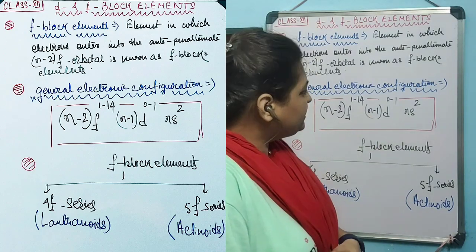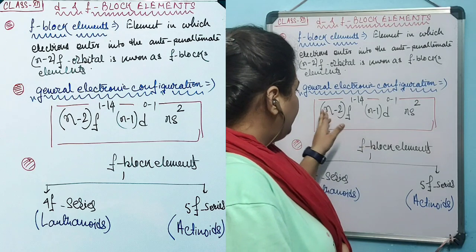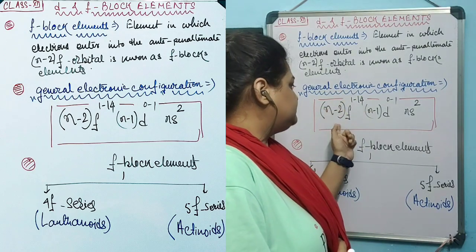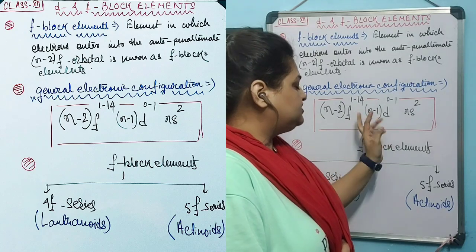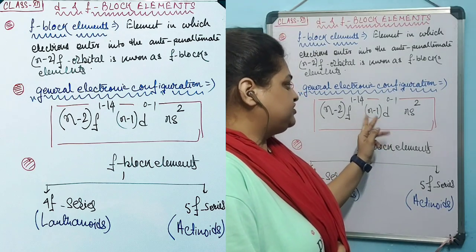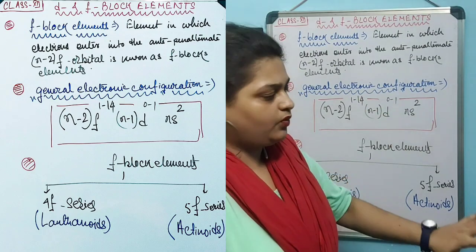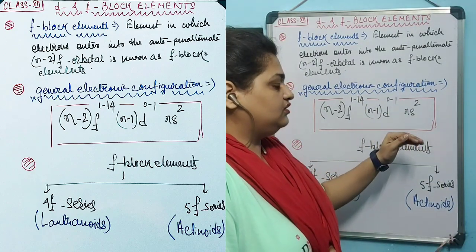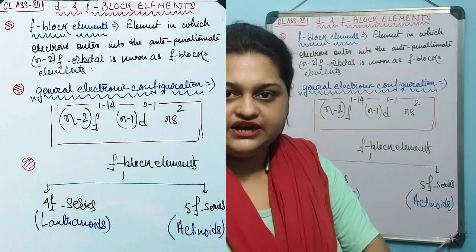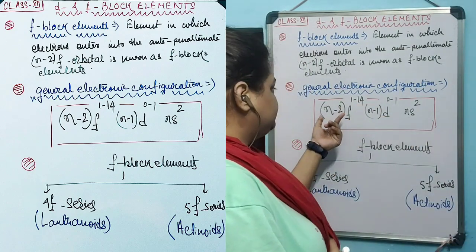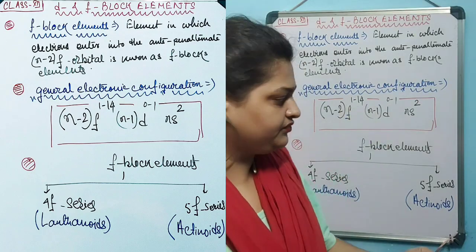The general electronic configuration observed in the F-block elements is n-2 f 1 to 14, because this is the orbital being filled up. n-1 d 0 to 1 is exceptional: some of them contain 0, some contain 1, depending on the type of the element. And ns2.